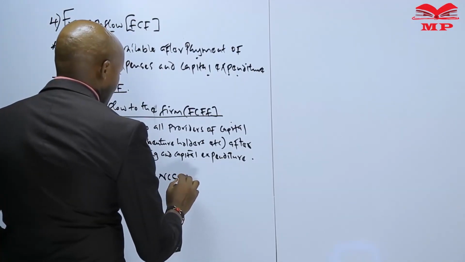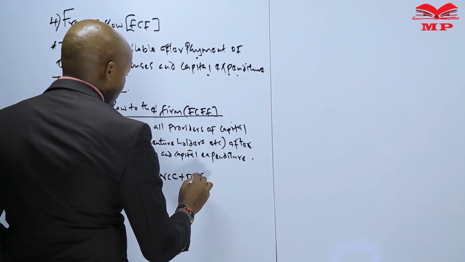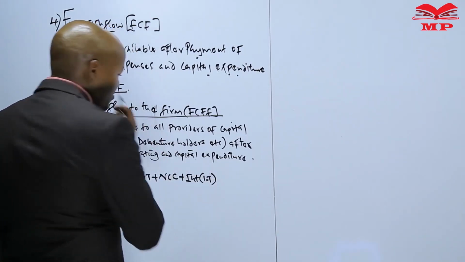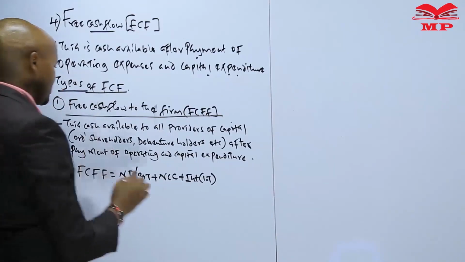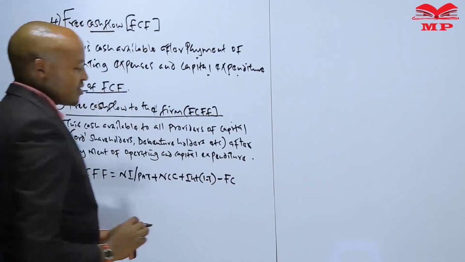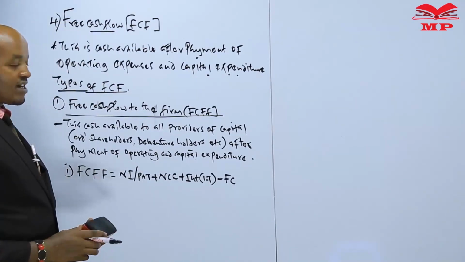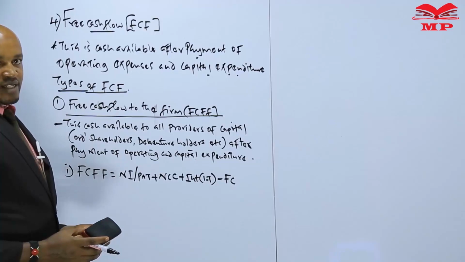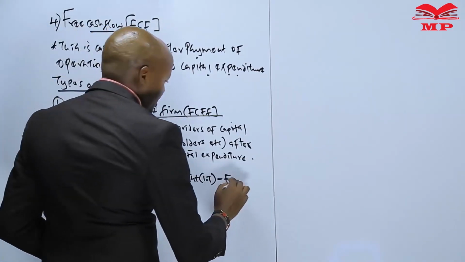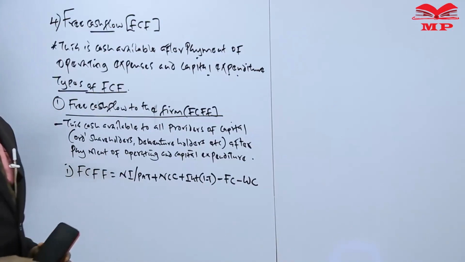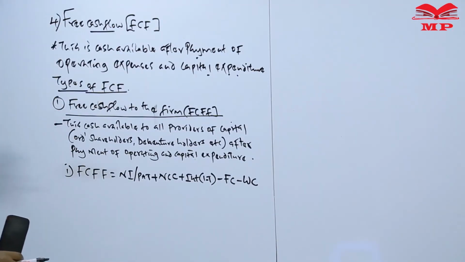To this we then add the interest, net of tax, meaning that we multiply it by 1 minus tax rate, and then we less two items. One, FC, which is the capital expenditure, and then still we less WC, which is the working capital expenditure. So that is the first approach we can use.